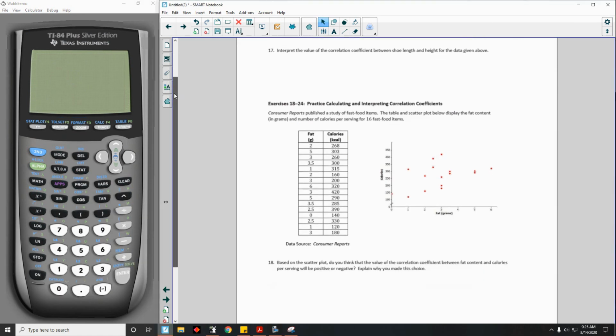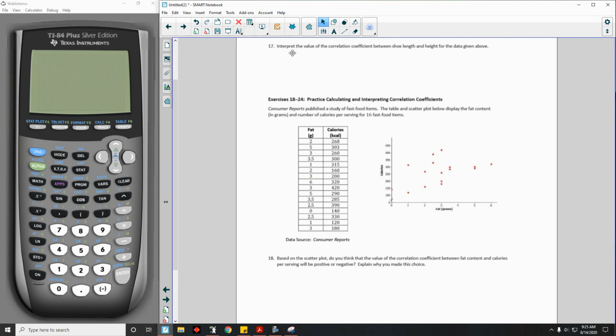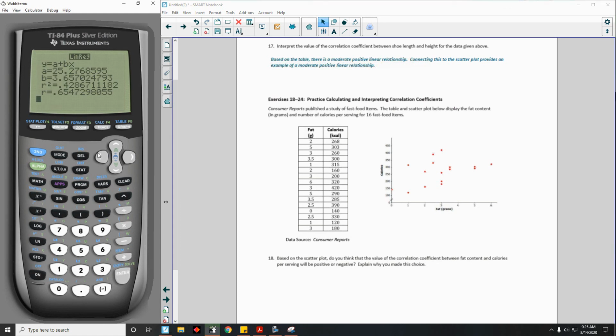Okay, page 10 brings us to number 17. Interpret the value of the correlation coefficient between the shoe length and height for the data given above. So, based on the table, there's a moderate positive linear relationship. Connecting this to the scatter plot provides an example of a moderate positive linear relationship. Okay, so it says connecting this to a scatter plot, but we haven't done that. So I've already done my linear regression, and I found my rate of change and my y-intercept and my correlation coefficient.